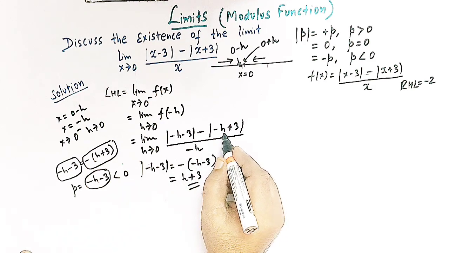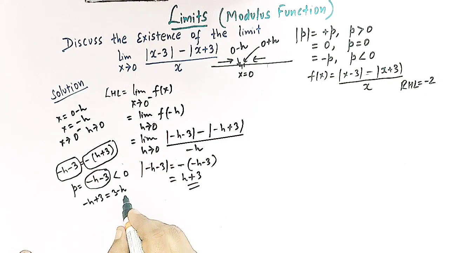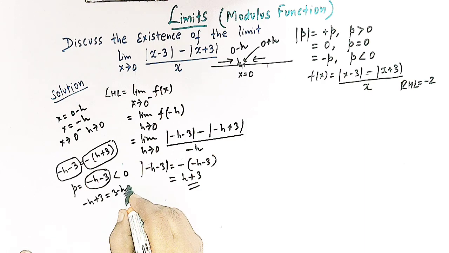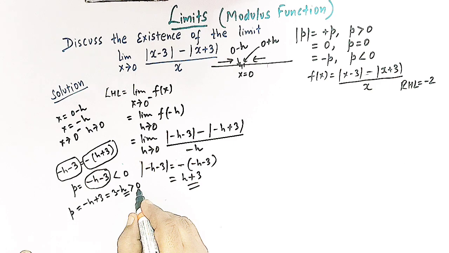And similarly, here we have minus h plus 3, which can be written as 3 minus h. Now see, h lies between 0 and 1. So this difference 3 minus h must be greater than 0. So if we take p as minus h plus 3 or 3 minus h, then p is greater than 0.